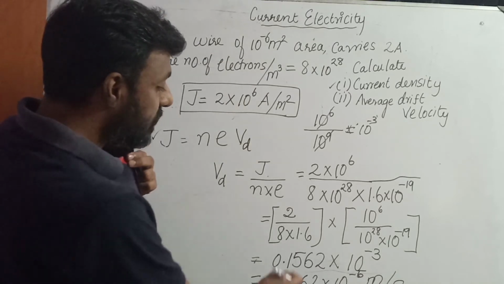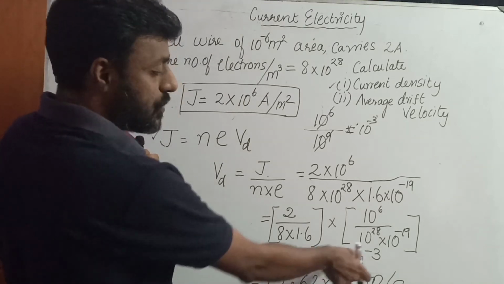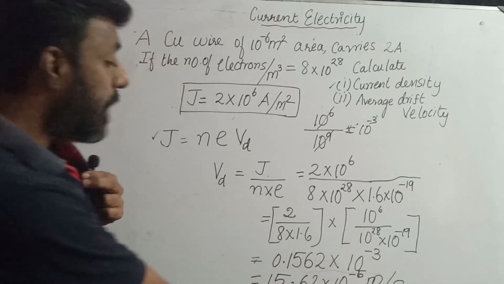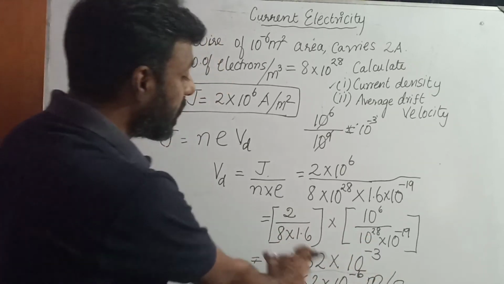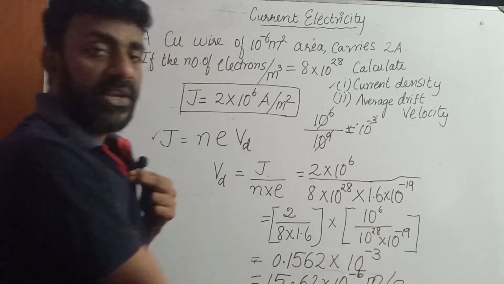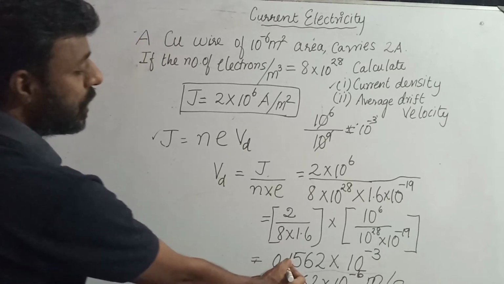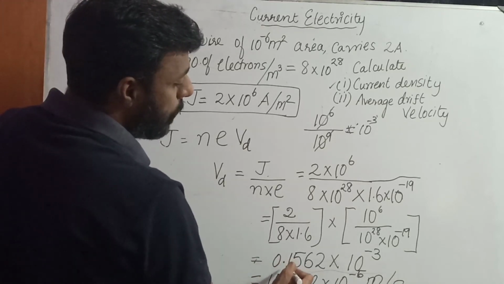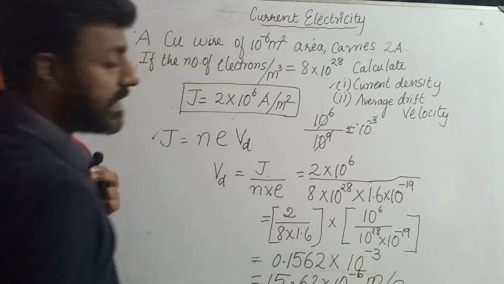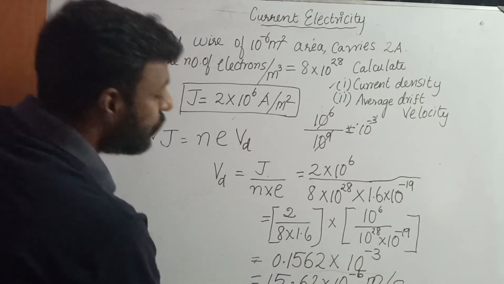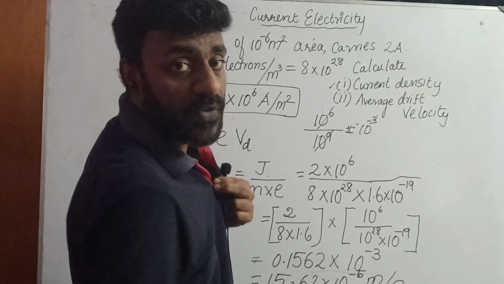We got 0.1562 into 10 to the power minus 3, but instead I am expressing the result in terms of 10 to the power minus 5. For that, I need to shift the decimal point two places towards the right, and I get 15.62 into 10 to the power minus 5 meter per second.